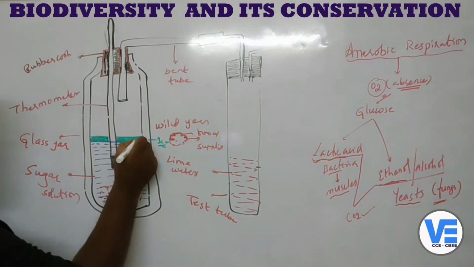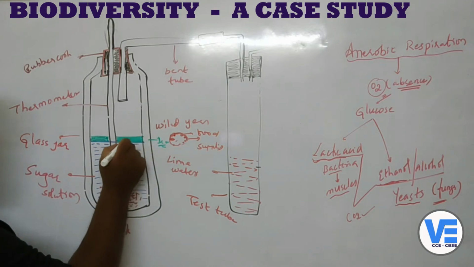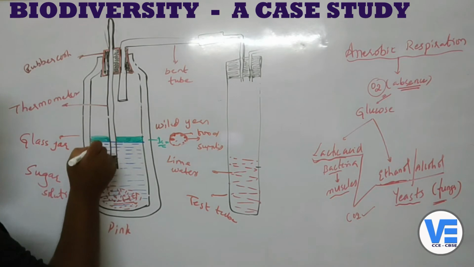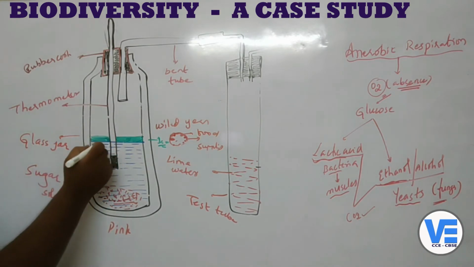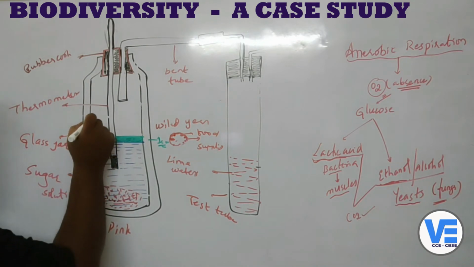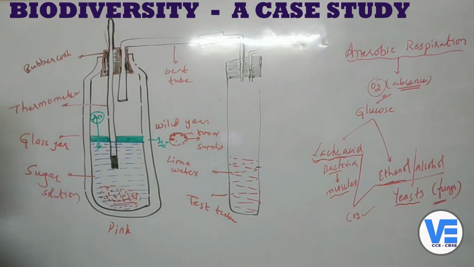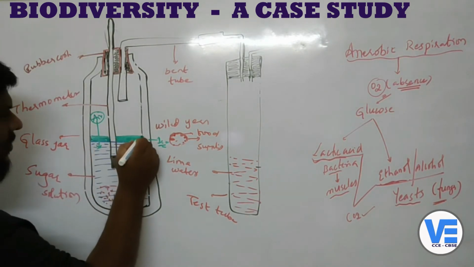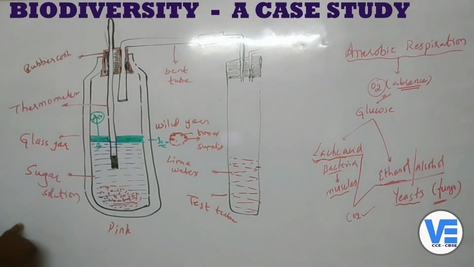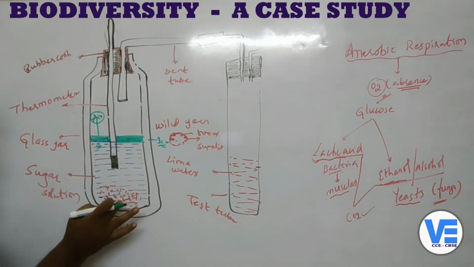It is a light, oily thing, and it floats on the water like this. So this will avoid the contact of air with the water, and our water is now completely free from air. We have taken the liquid paraffin here so that air will not contact the water, and we have taken the yeast solution here.